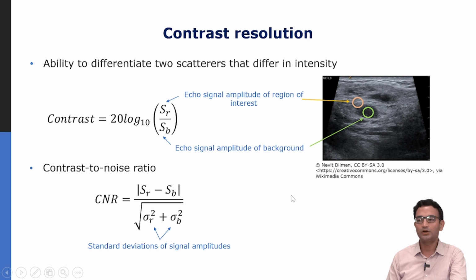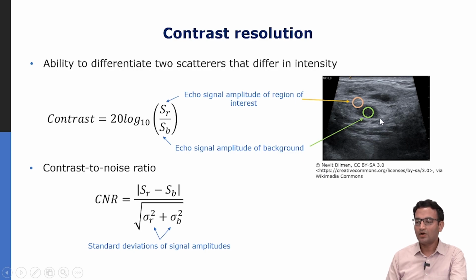Next, let's discuss the topic of contrast resolution. Contrast resolution refers to the ability to differentiate two scatterers that differ in intensity. And again, using this type of formulation, contrast can be calculated in decibels using 20 log 10 of the signal in the region of interest divided by the signal in the background.